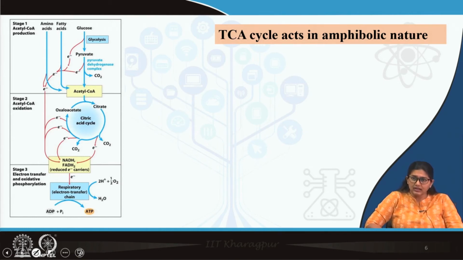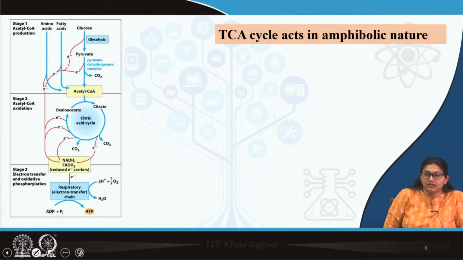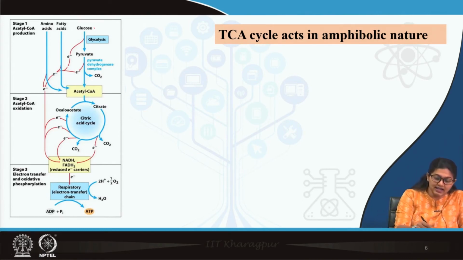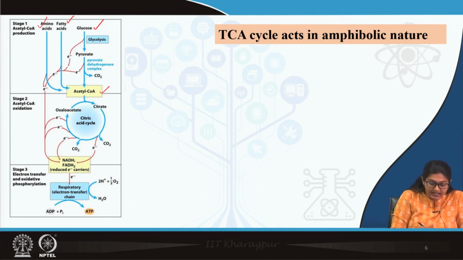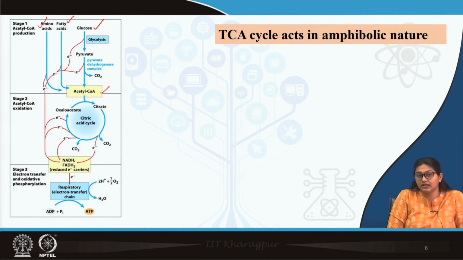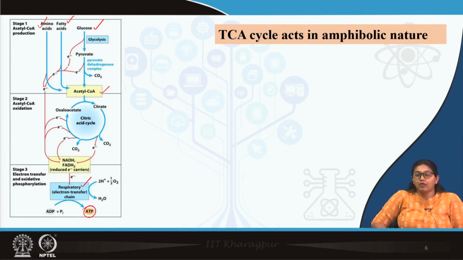The catabolism part you all know, we have already discussed that finally all the metabolites, be it glucose, fatty acids, or amino acids, they all enter as acetyl coenzyme A inside the TCA cycle, and inside the TCA cycle there is formation of NADH or FADH2, those are the reducing equivalent electron carriers which finally enter the electron transport chain and form ATP. So, this is the example of catabolism.